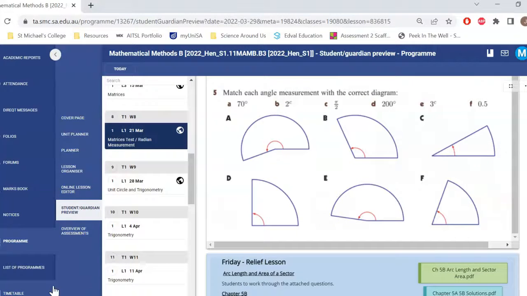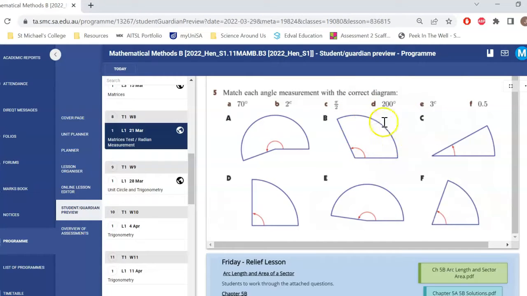Now, which one corresponds to 2 radians? Remember, 2 radians means that there would be twice or 2 radii which fit on the perimeter of the arc length. So if we look at B, that's 1 radius, and you can see that approximately 2 of those would fit in.